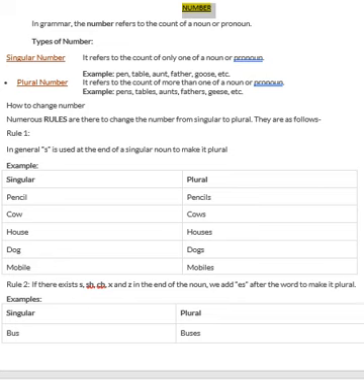That is the single number. Wherever there is a single noun or pronoun, we will term it as singular number, and wherever we count something as more than one, we will term it as plural.